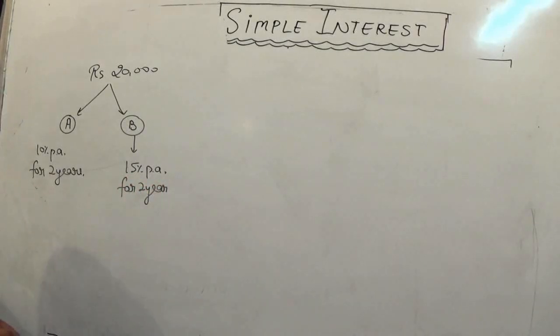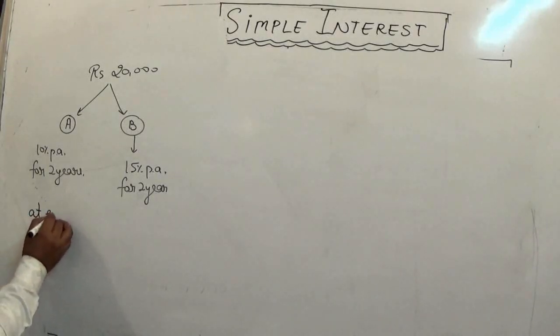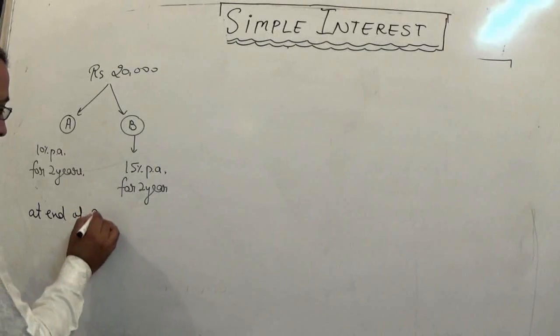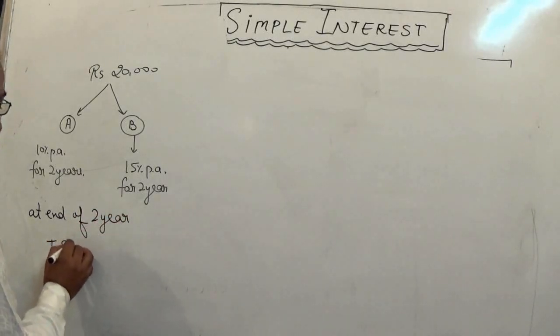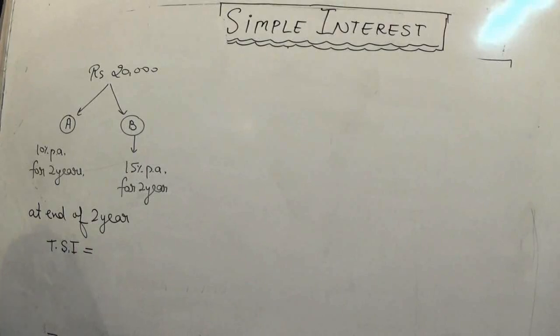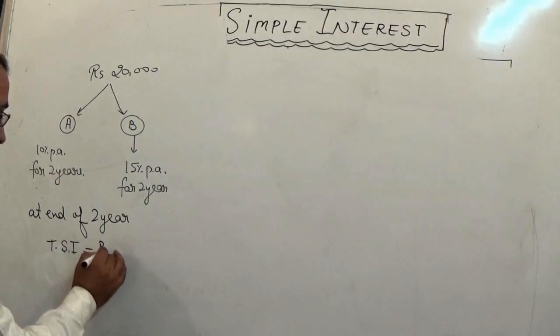Then it is given that at the end of the 2 years, total simple interest received from these two persons is rupees 5,200.